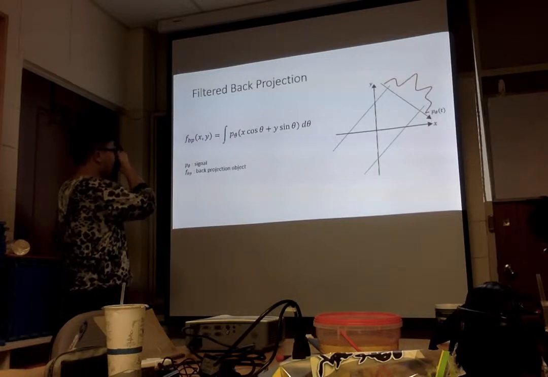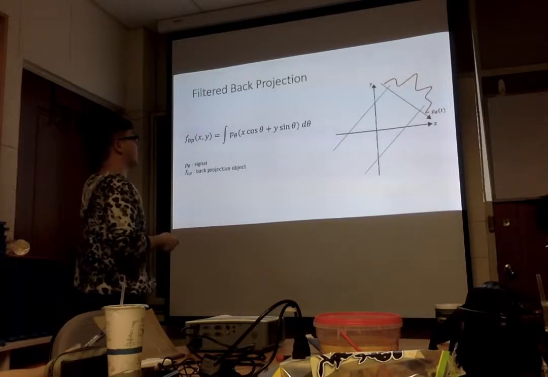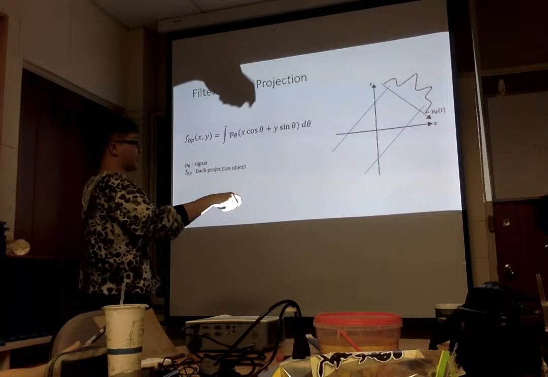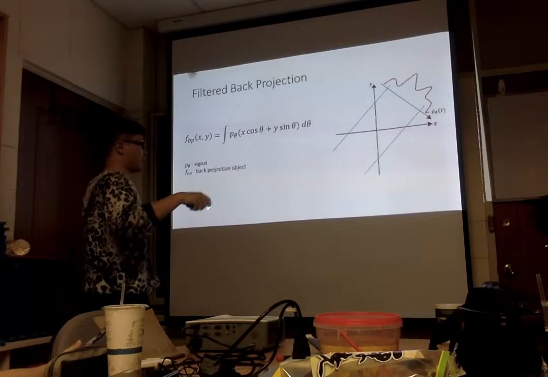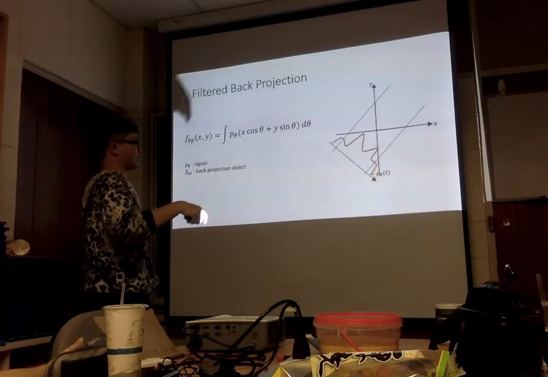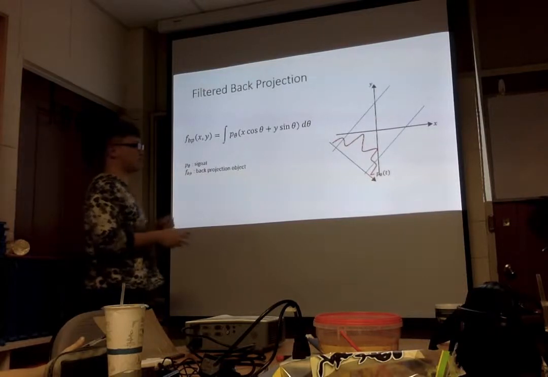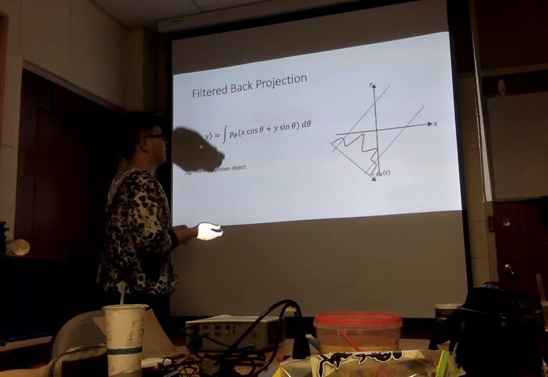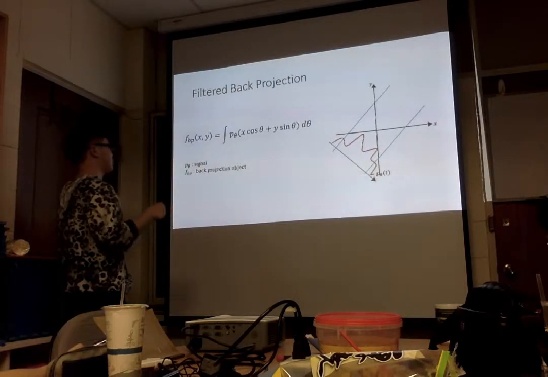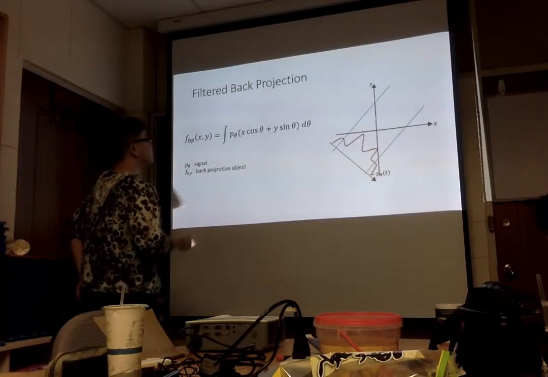Now I would like to talk about filtered back projection. It is simple. There is an object here, and we emit a pulse to the object and get the information. With this information, we do some processing like filtering, and then do back projection to the image, and we have our image.